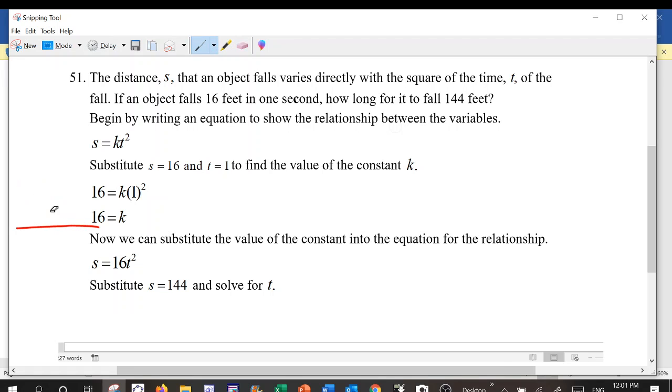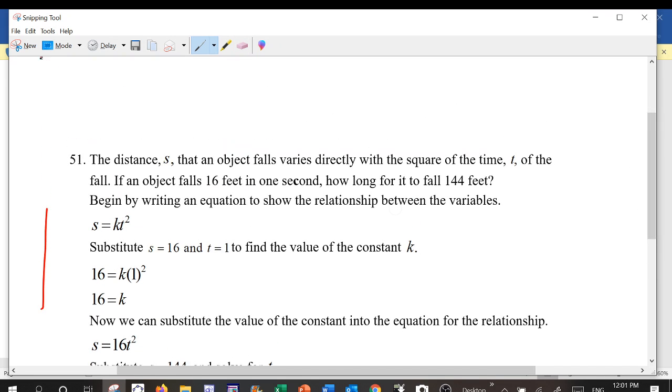But anyway, the connection between the distance something falls and the time is given by this idea that the distance something falls directly varies as the square of time. And there is a constant here.